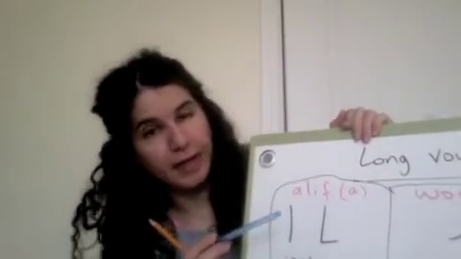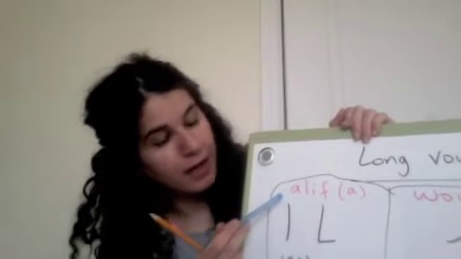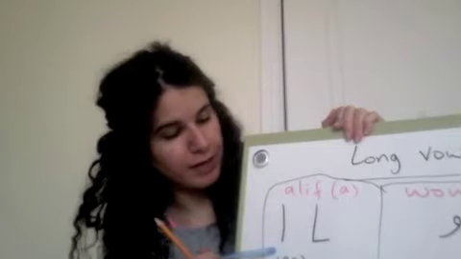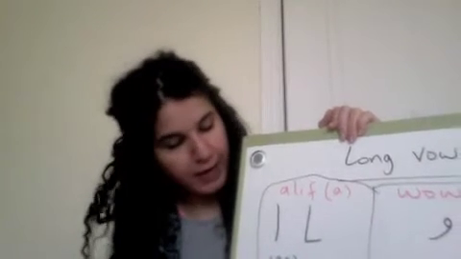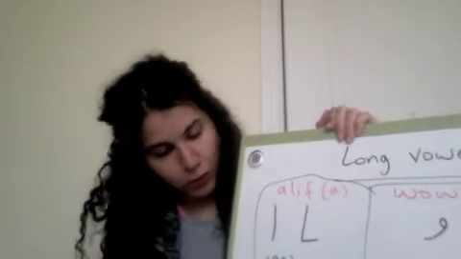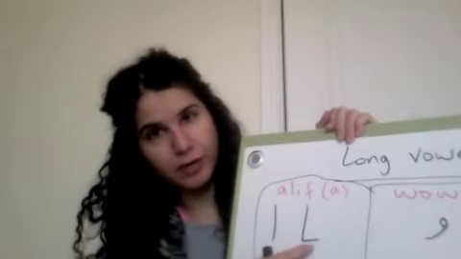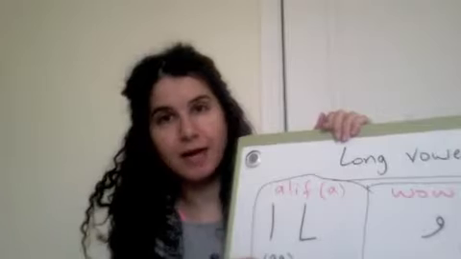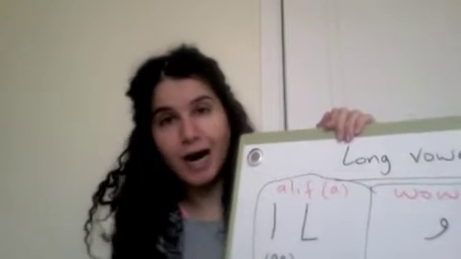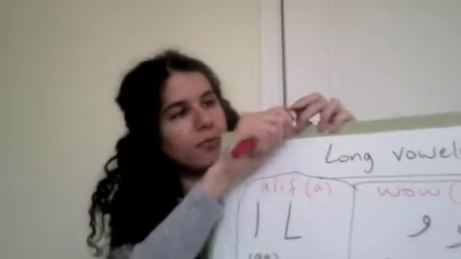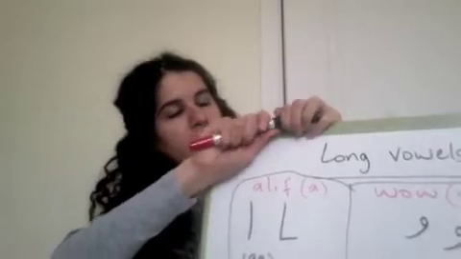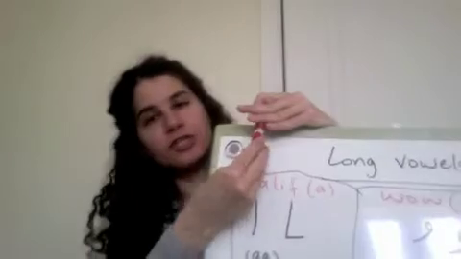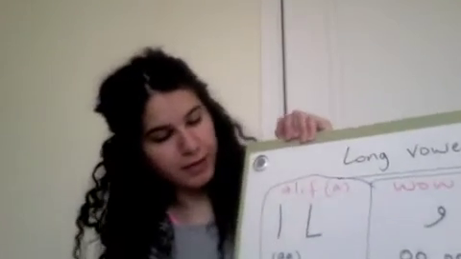But here's the thing, when there's no hamza over it, and when it just looks like a straight line or a line with a little dash right here, that's the ah sound. It's pronounced ah. So when you see it in the middle of a word, you are going to go ah, as if there's two A's in that word.